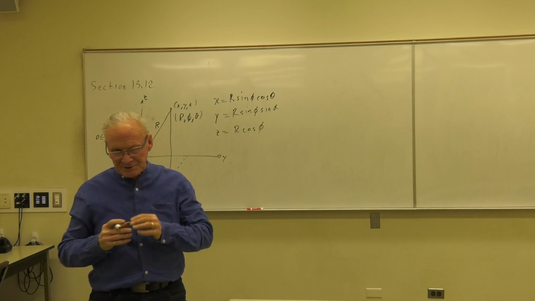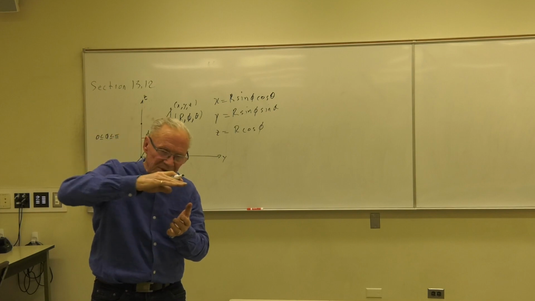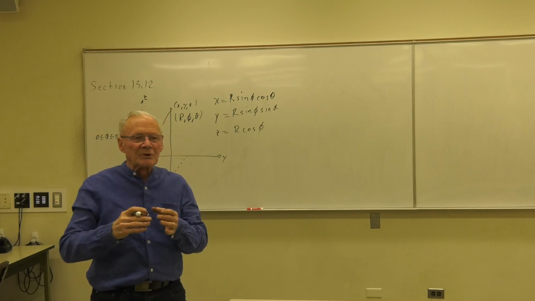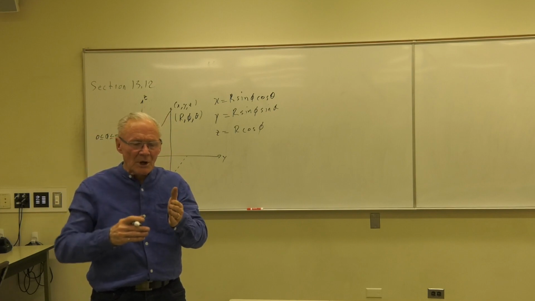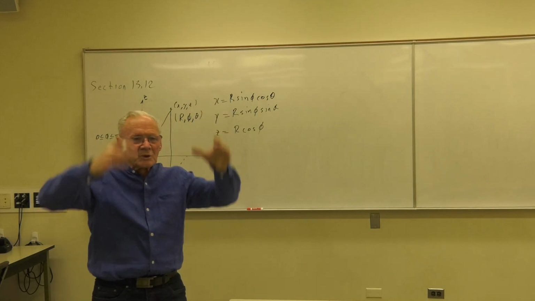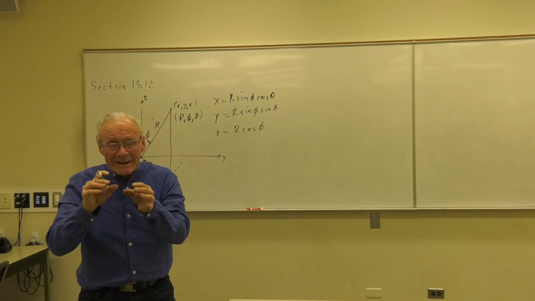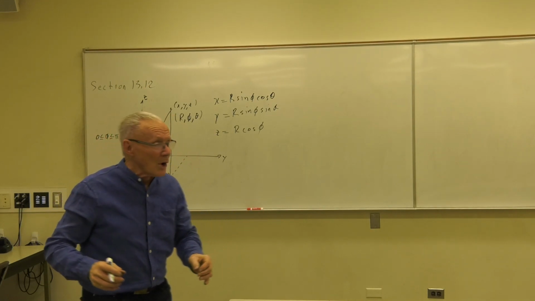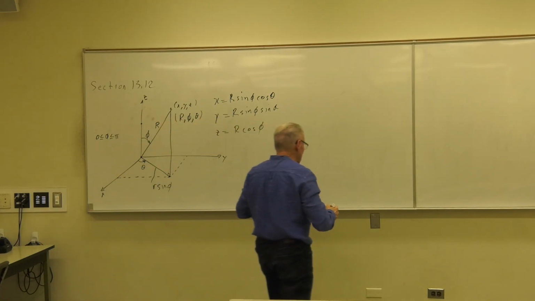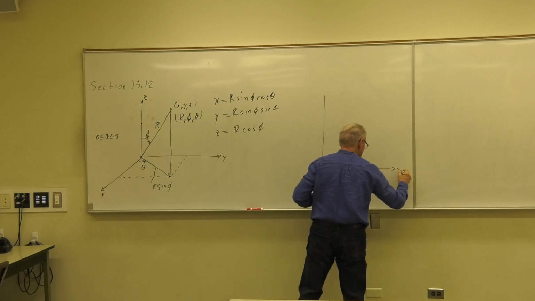In cylindricals, we drew z equal constant planes, theta equal constant vertical planes, and r equal constant cylinders. That made that little piece of volume in cylindrical coordinates. We're going to have to do the same thing here, but it is much more difficult to see.